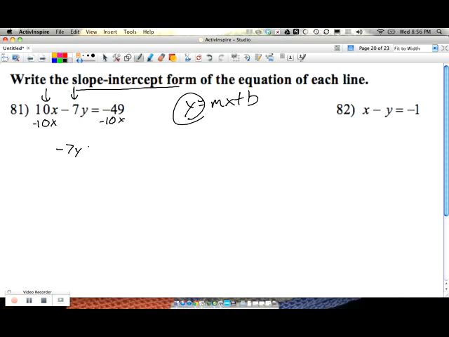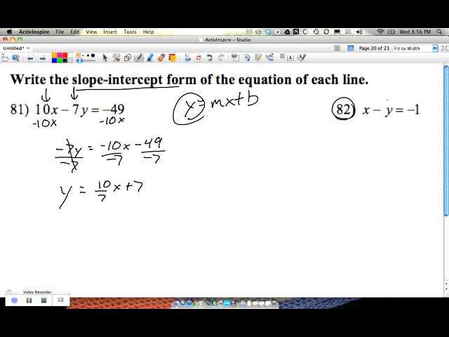So that would give me negative 7y equals negative 10x minus 49. Now if I divide everything by negative 7, that's going to give that negative 7 simplified down to just y. Up here, this negative over negative is going to be positive, so we have 10 over 7x, and then negative 49 over negative 7 is positive 7.